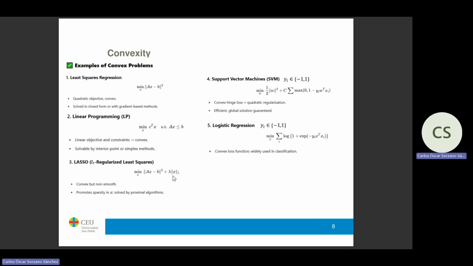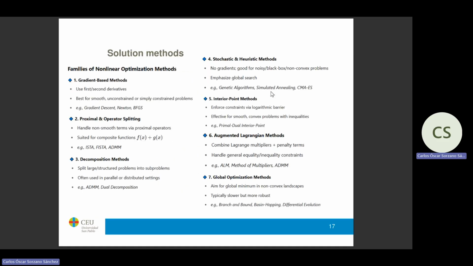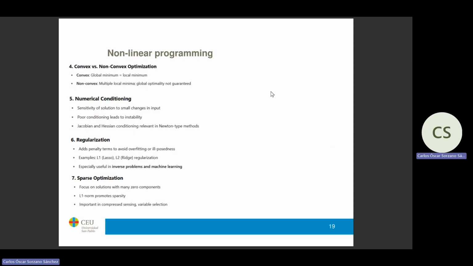Here you are penalizing the L1 norm, here the L2 norm. All these penalizations try to impose some properties on the solution. With the L1 norm, it is called Lasso, with the L2 norm, it is called Ridge. And they tend to help with conditioning. So these penalizations tend to help condition the problem.